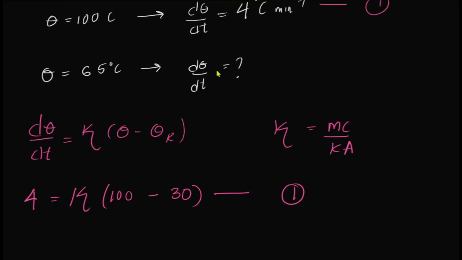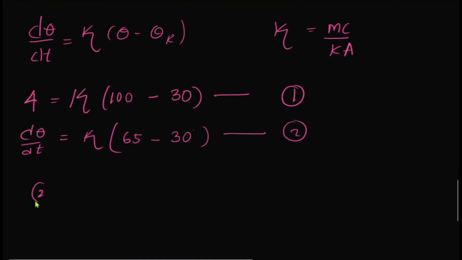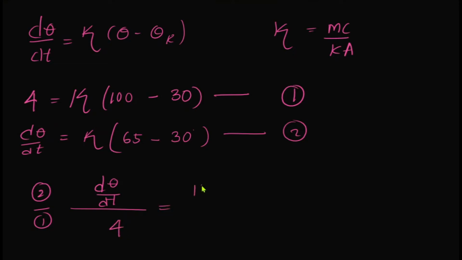We need to find the cooling rate at 65. Even in that case, the constant is not going to change. The temperature of the object is 65, and the room temperature 30, right? So that's the second equation. If we divide the second equation by the first equation, we get (dθ/dt)/4 = K(65 − 30)/K(100 − 30).